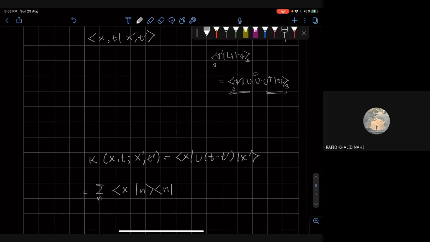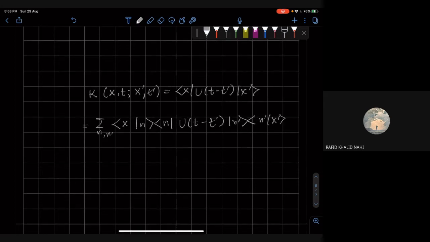So we get U(t minus t prime), and then over here we will get n prime x.